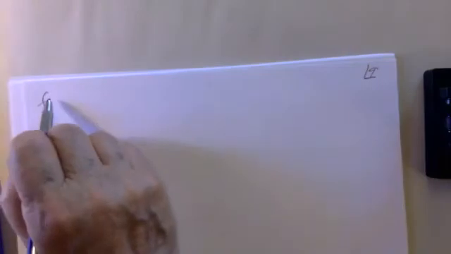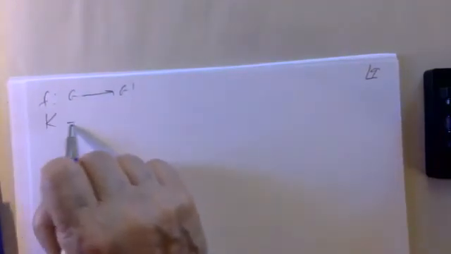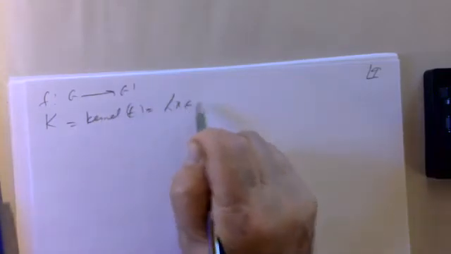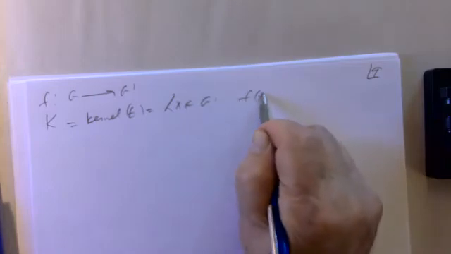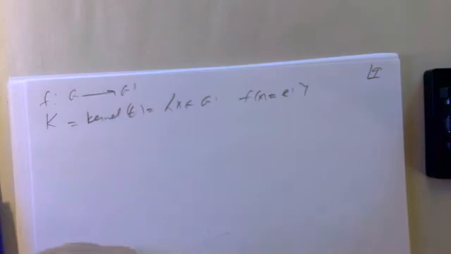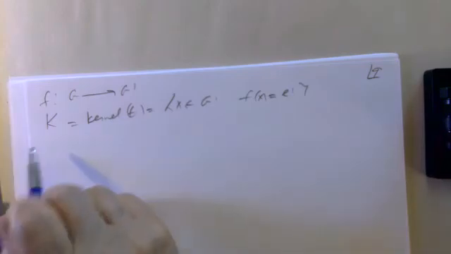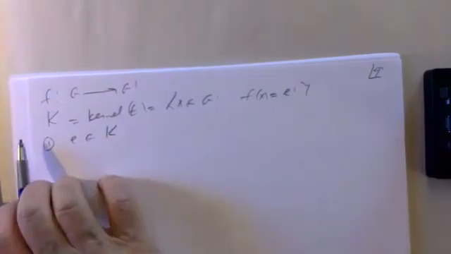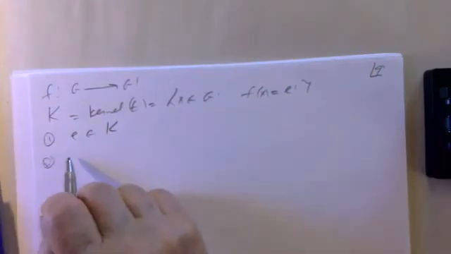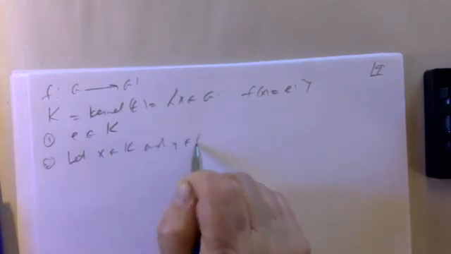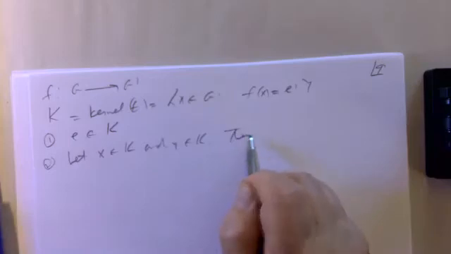So again, we have a homomorphism f from G to G prime, and K, which is the kernel of f, is all elements in G that get sent to the identity in G prime. And we know, first of all, E is in K. I just proved that. Second, let x be in K and y be in K. What does that mean?